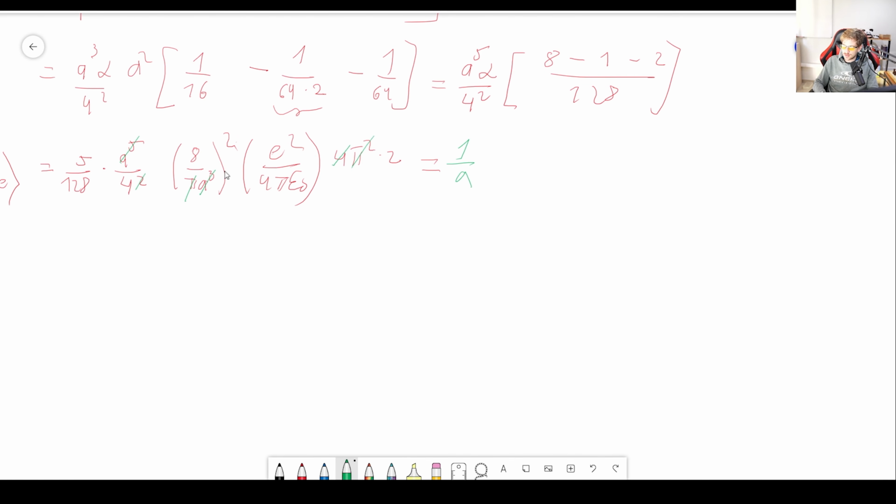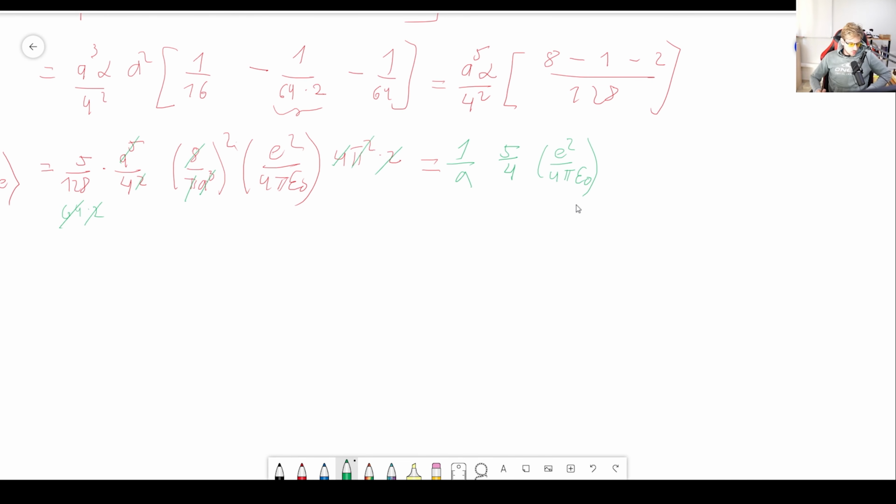This is 64 and this is 64 times 2, so this cancels out with this, and this 2 cancels out with this 2. Okay, so we are left with 5 over 4. There's nothing left here. And then e squared over 4 pi epsilon 0.